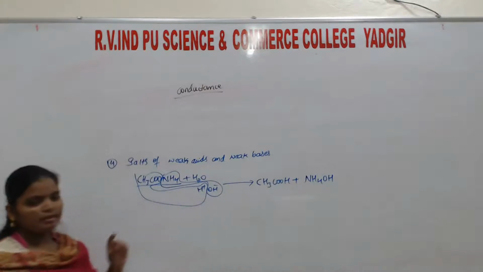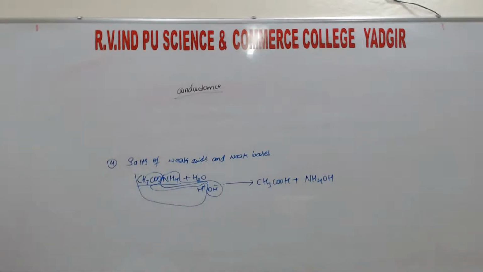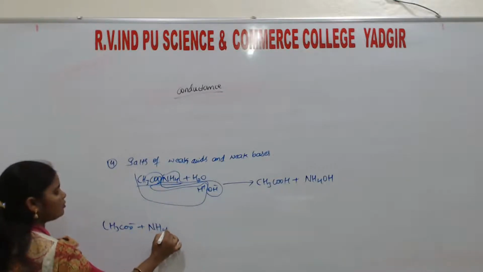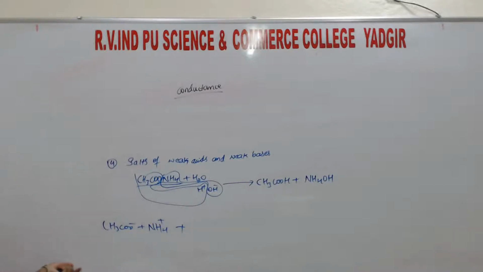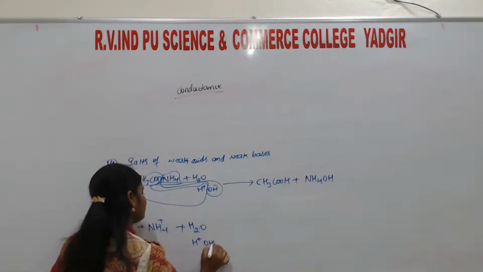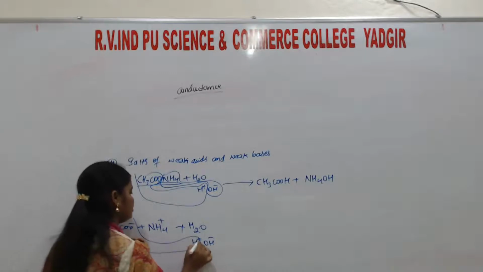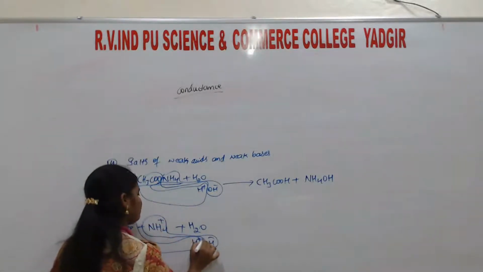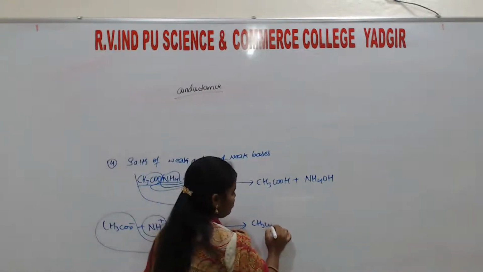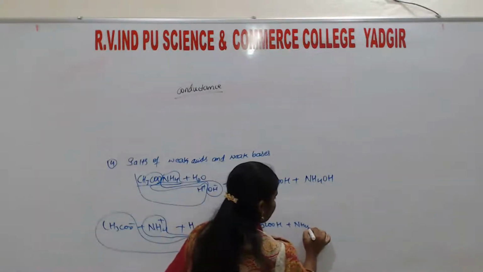This is acetic acid and ammonium hydroxide. And here the overall reaction is CH3COO minus plus NH4 plus plus the water molecule H2O, that is H plus OH minus, and the formation of acetic acid CH3COOH plus ammonium hydroxide.